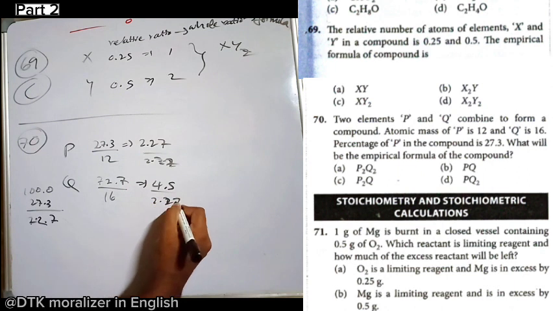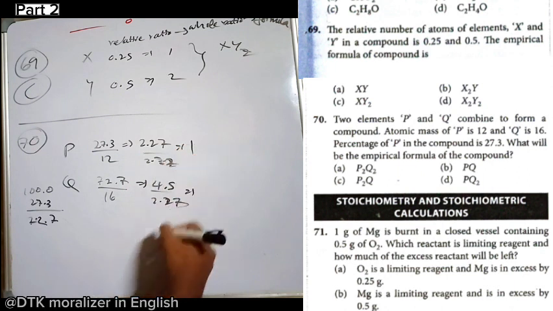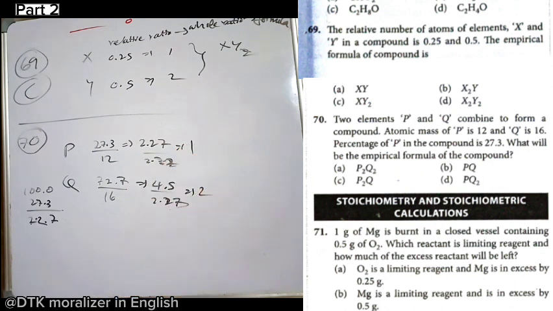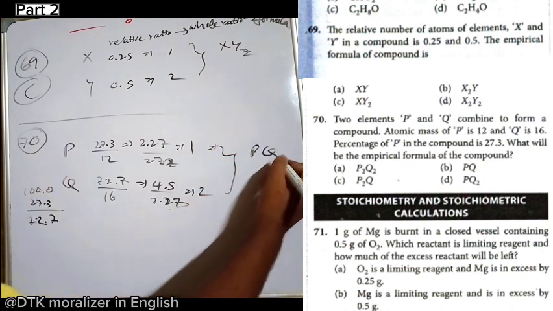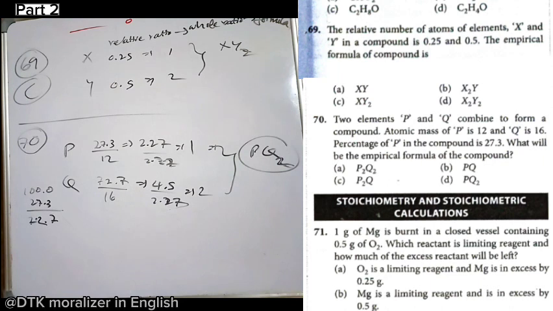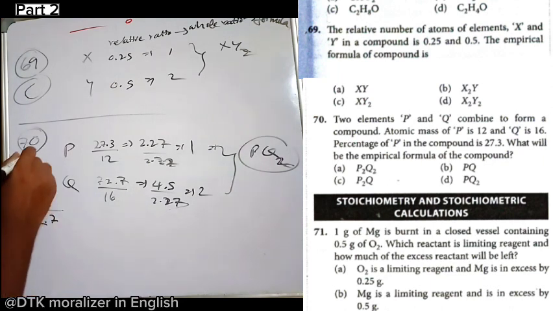Now we obtain the relative ratios. We get the whole ratios. Now as you can see, by this, PQ2. For question number 70, option D is right.